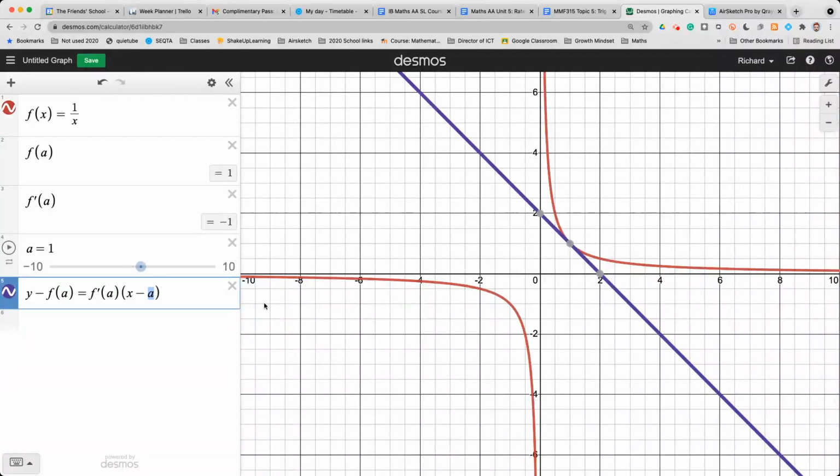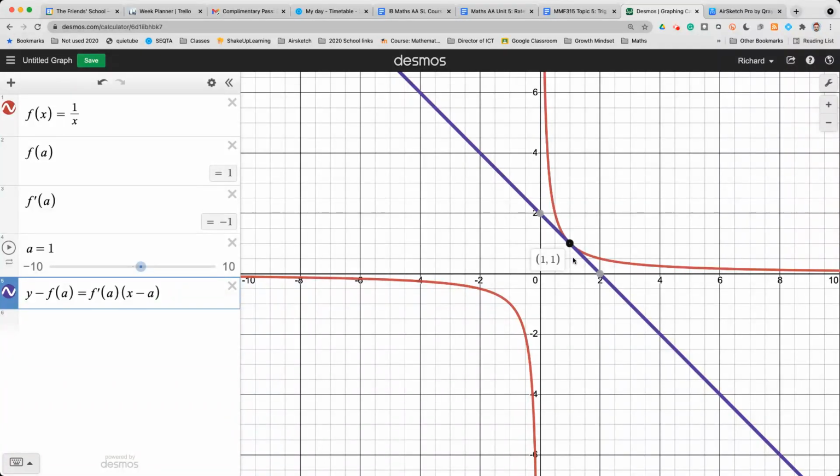Yeah, so there's a couple of things I wanted to show you. Number one, this point on the graph, its instantaneous rate of change is -1. It's also the rate of change of this linear graph. And we know that for a linear graph, it's the constant rate of change.